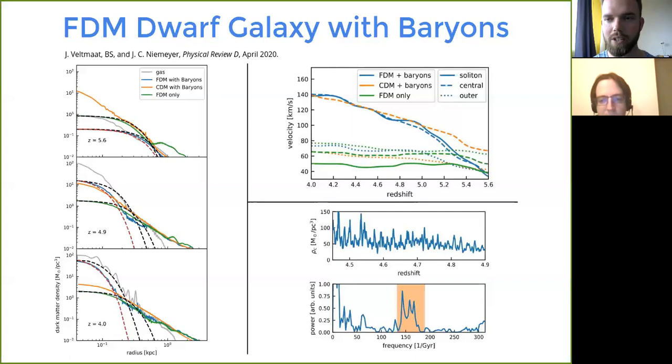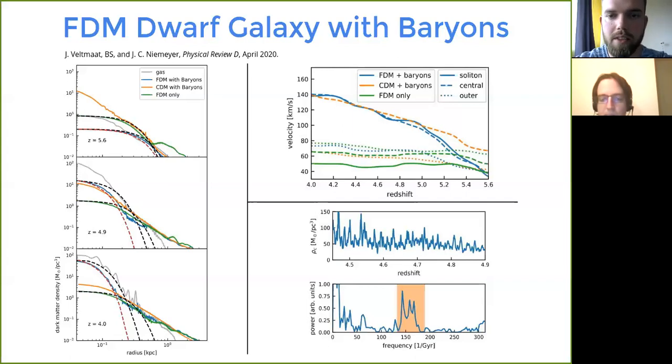So including this external potential from the baryons, we can then numerically find the expected ground state solution, and that here is the red line. So indeed, fuzzy dark matter, even with baryons, finds this ground state solution. It's just altered by the inclusion of baryons.